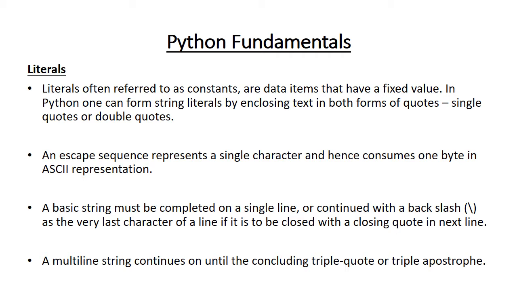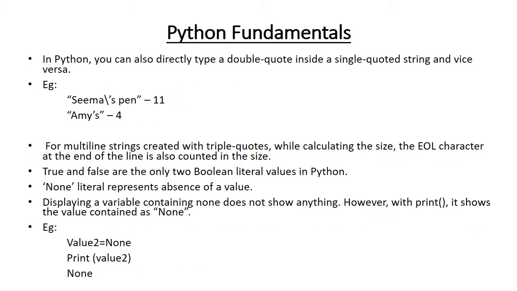A basic string must be completed on a single line, or continued with a backslash as the very last character of a line if it is to be closed with a closing quote in the next line. A multi-line string continues on until the concluding triple quote or triple apostrophe. In Python, you can also directly type a double quote inside a single-quoted string and vice versa.